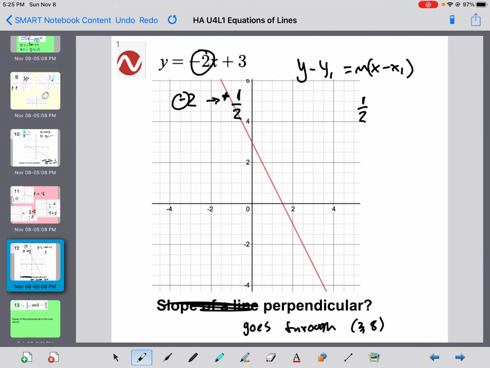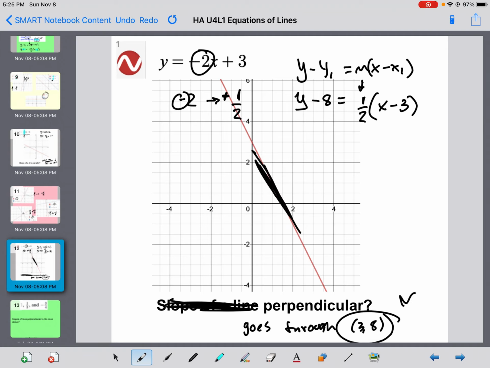So my slope's going to be +1/2 here. And then I'm just going to plug in the point that I need to work with. So y minus y1 would be y minus 8, and then x minus x1 would be x minus 3. So a perpendicular to this line that goes through 3,8 would have this equation up here.